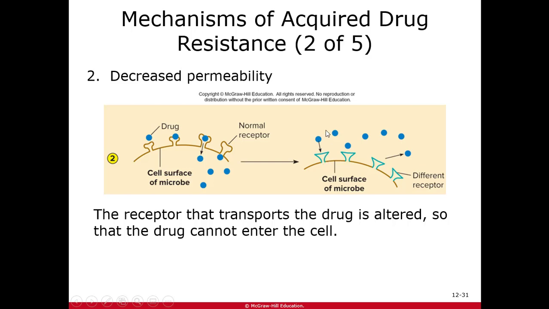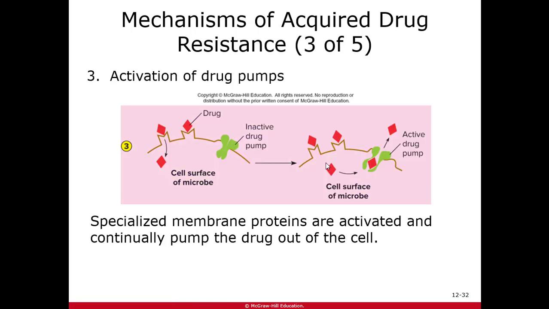It could be activation of a drug pump. Once that drug gets inside the microbe cell, the microbe's like, oh, that's not good, we should somehow pump that right back out. And so it will activate a pump, and it's just going to pump the drug right back out. The drug can't kill. It could also change the drug binding site.